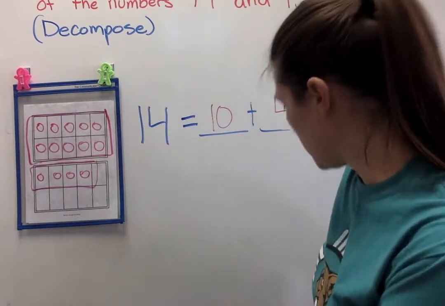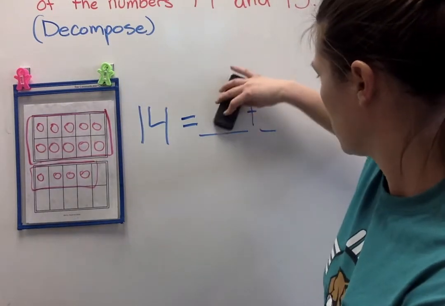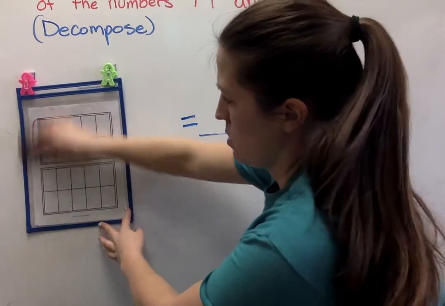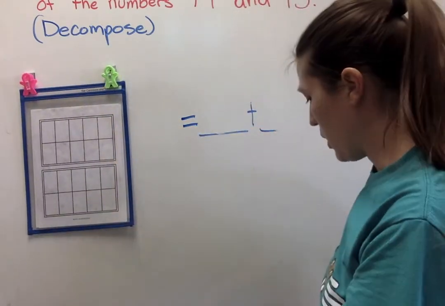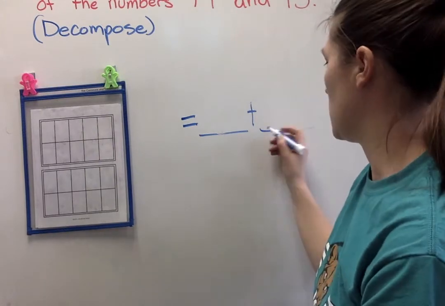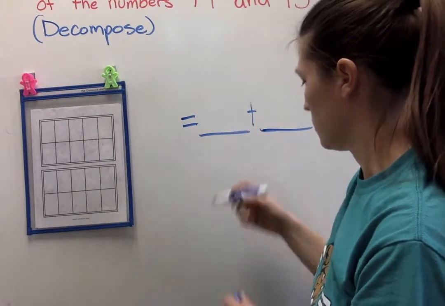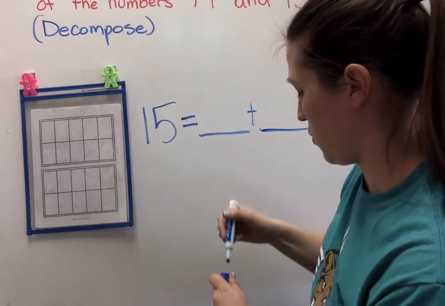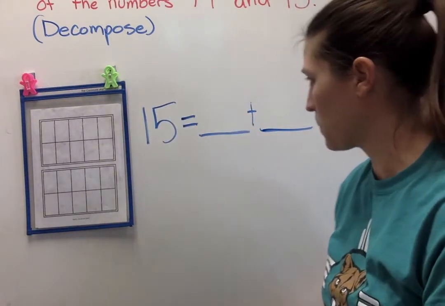Now let's make 15. Breaking apart, decomposing. Now we're going to make 15. A 1 and a 5. There we go.